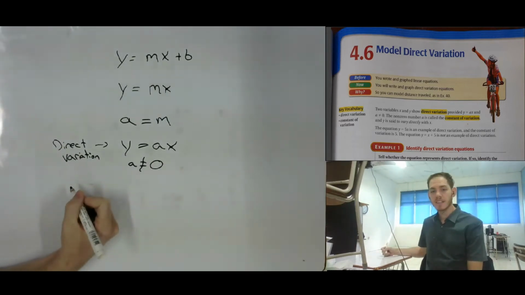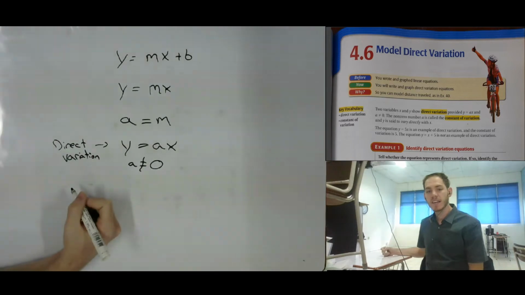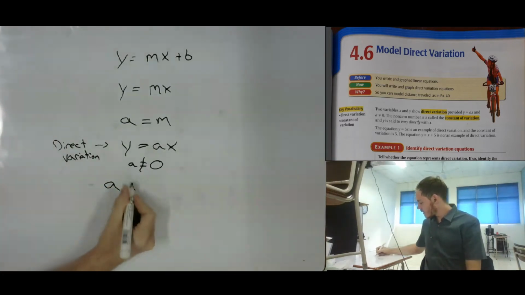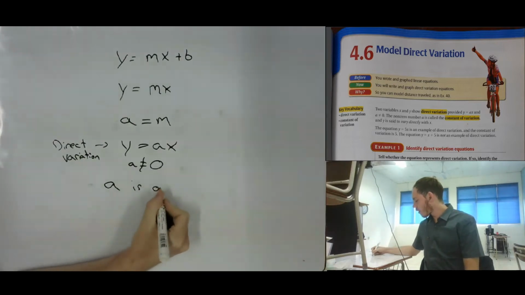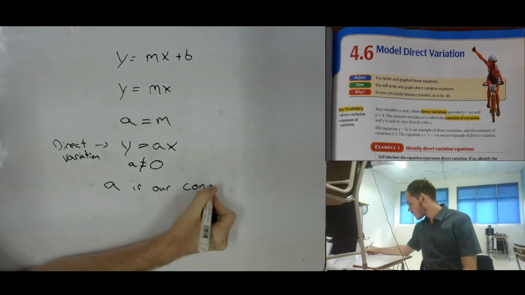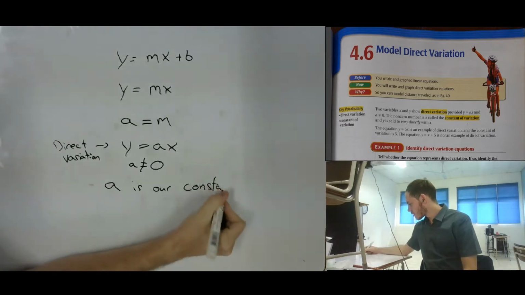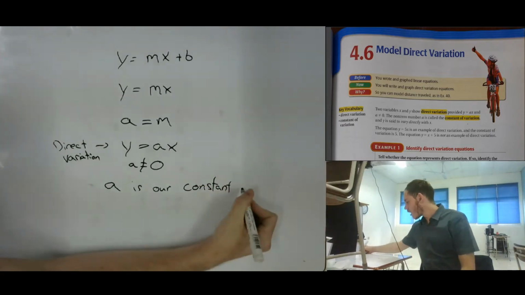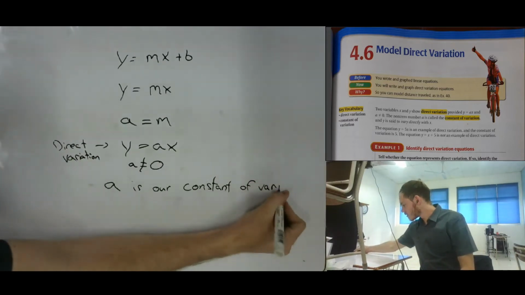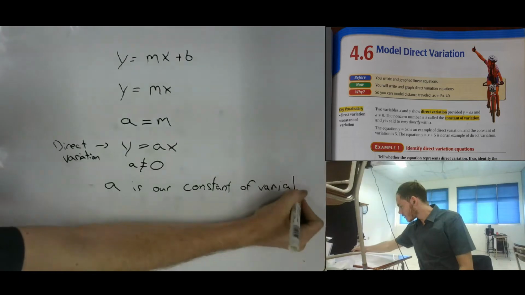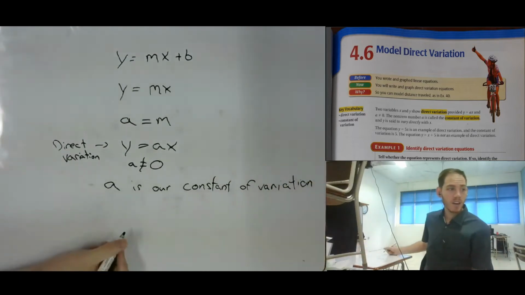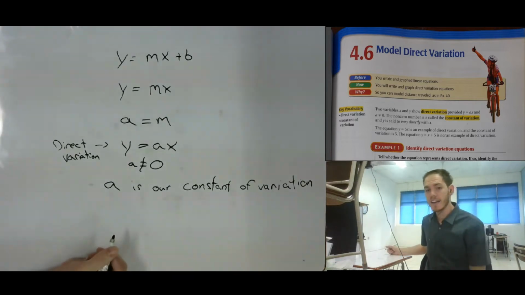So basically, think constant variation, something that isn't going to change. So A is our constant of variation. Okay, our constant of variation is A.